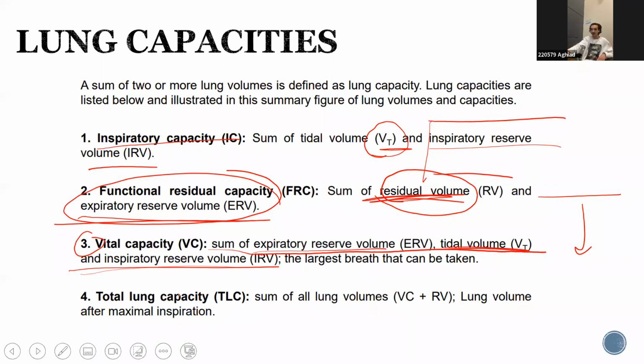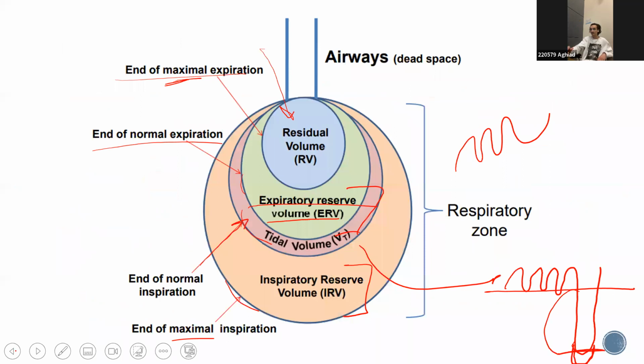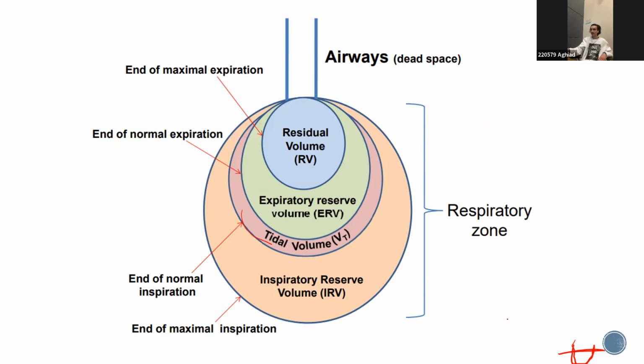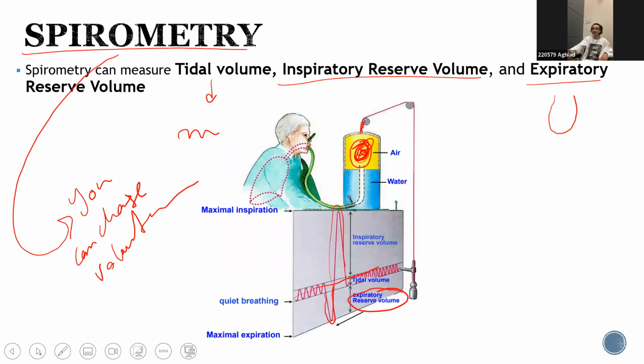Does that make sense? Back to this $1 million diagram, as you can see here. There's a better diagram I'll show you in a bit. But just to make sure you're clear on it: expiratory reserve volume plus tidal volume plus inspiratory reserve volume, that is the vital capacity, addition of volumes, capacity.